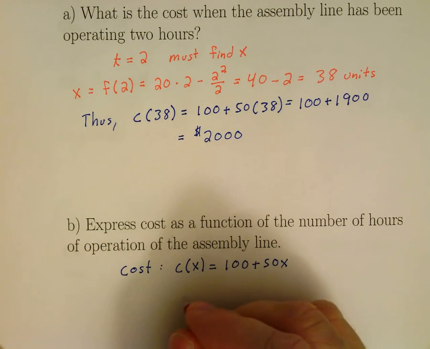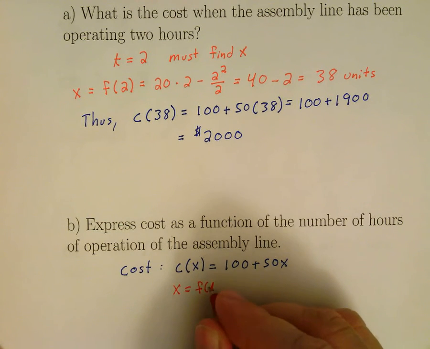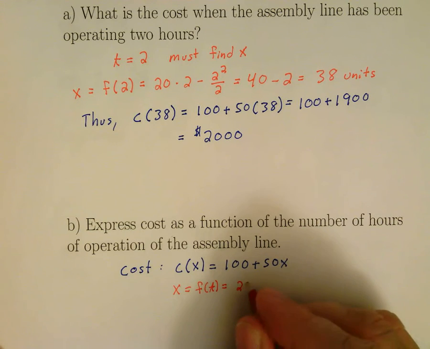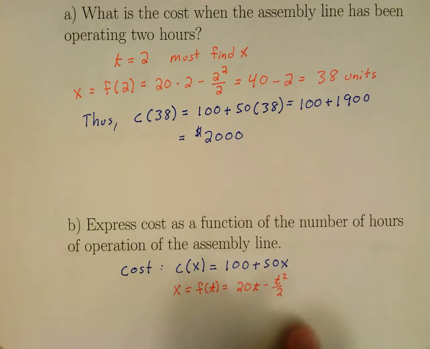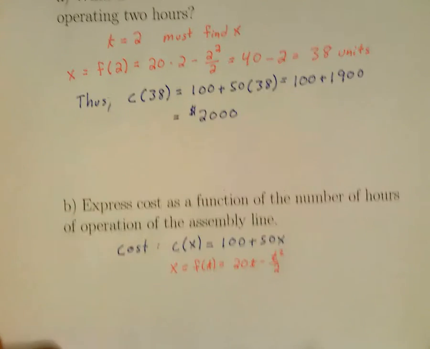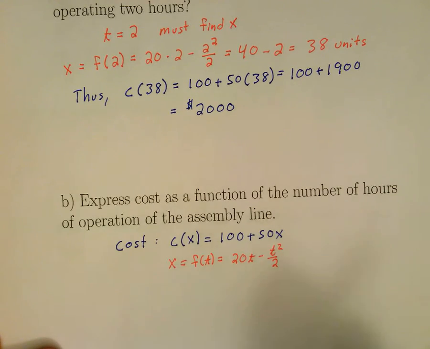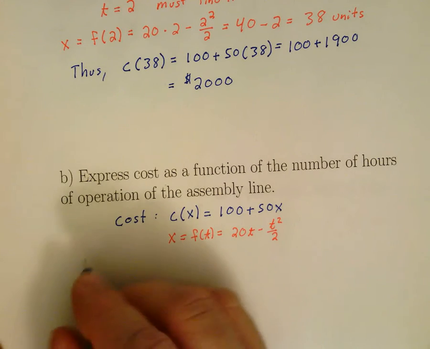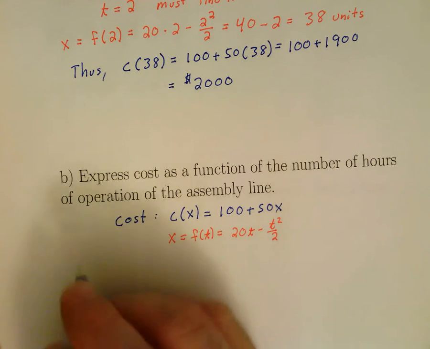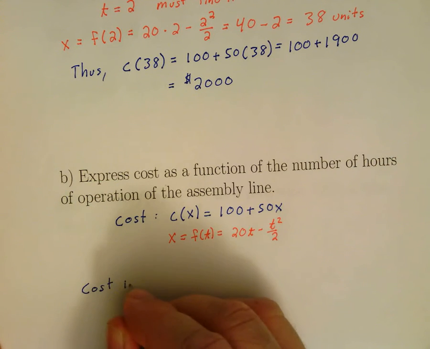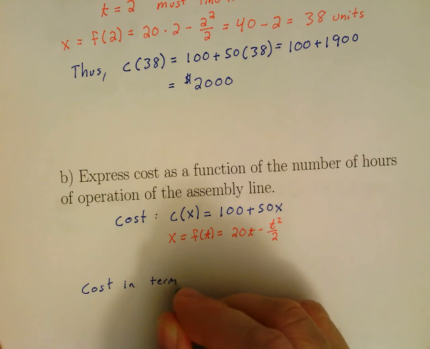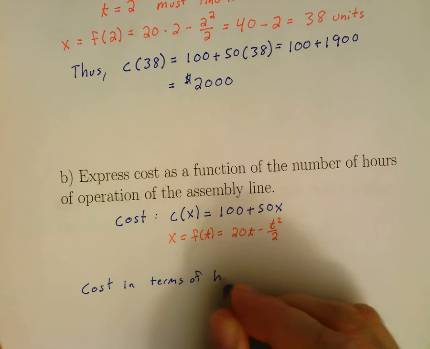And the number of units, x, is equal to f(t), which is equal to 20t minus t squared over 2. That tells us how many units we're going to make after a certain amount of time. And we can put all this together. So the cost in terms of hours, that's what we need to figure out. And it's actually really simple.